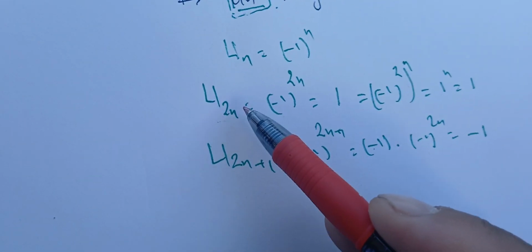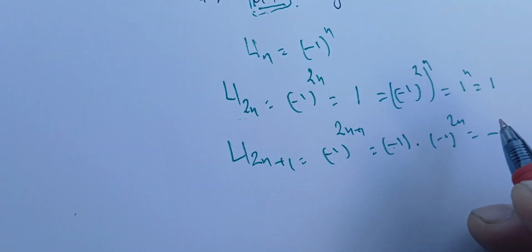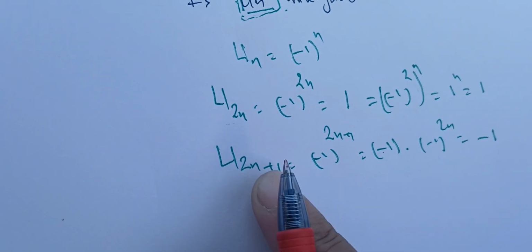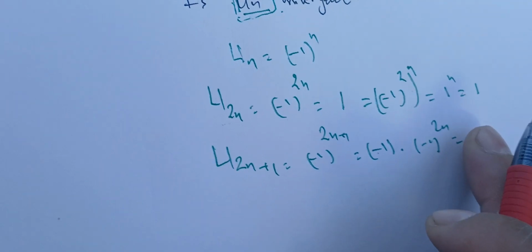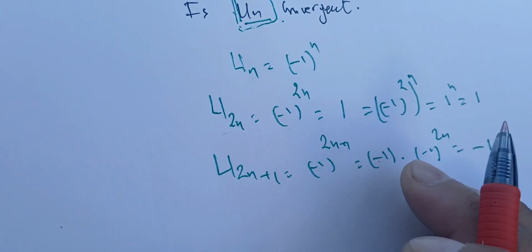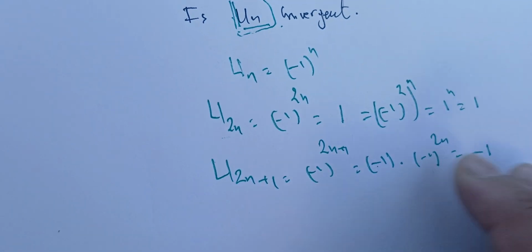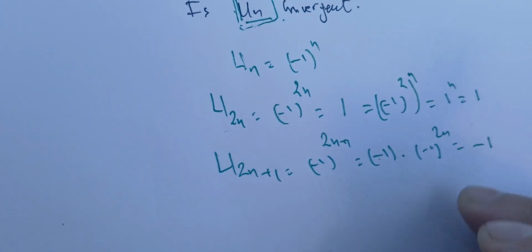So for all the even numbers, u_2n is 1. It's a constant, and therefore it's convergent to 1. u_2n+1 is a constant as well, and it's -1. For all the odd values of n it's -1, and it's convergent to -1.